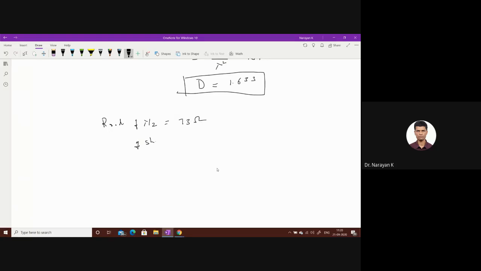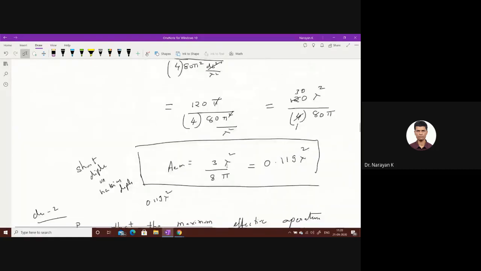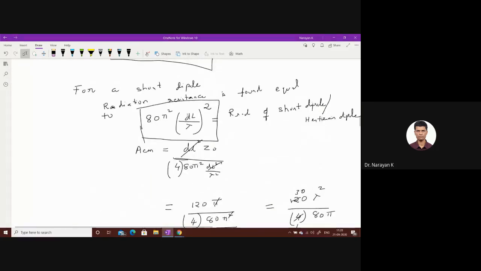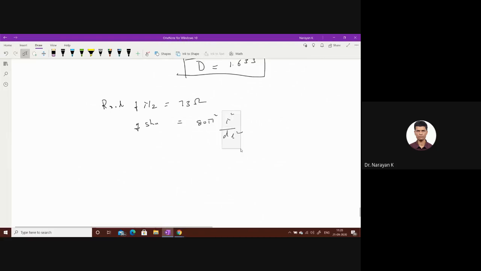In the case of a short dipole, it is 80 pi square dl square by lambda square, which is what we substituted there. This is the major difference between the radiation resistance of the two. How to do this derivation, you will be reading in the 4th module.